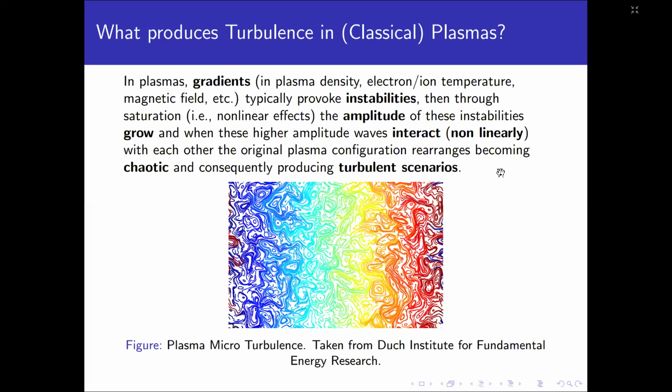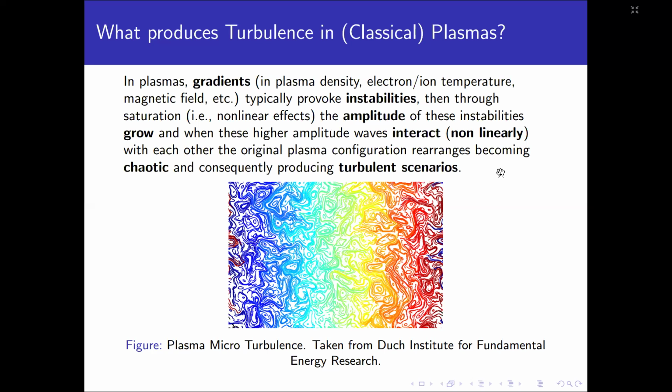So first of all, what produces turbulence in classical plasmas? In plasmas, gradients, typically in density, in magnetic field, or in temperature of one of the species, typically provoke instabilities. Then through saturation, which is a nonlinear effect, the amplitude of these instabilities grows.